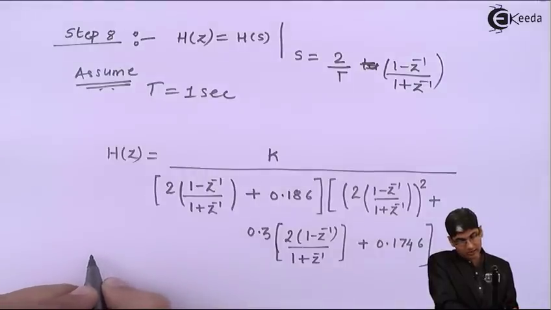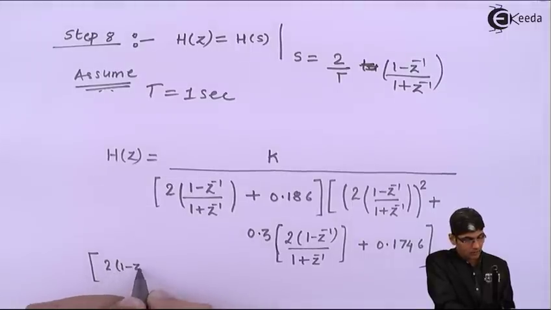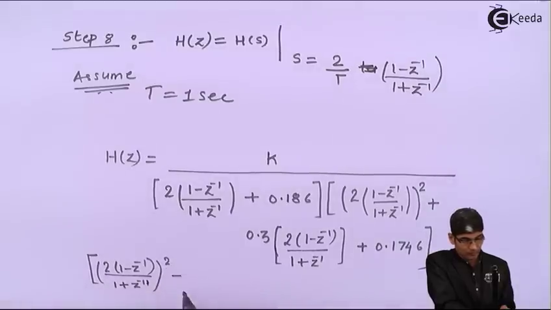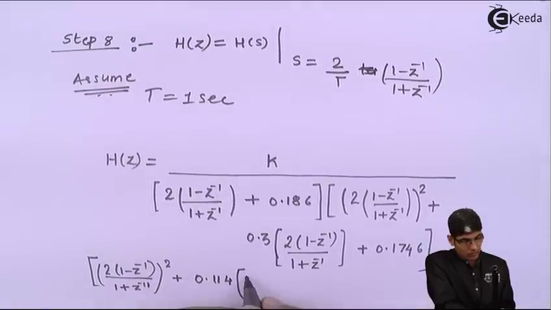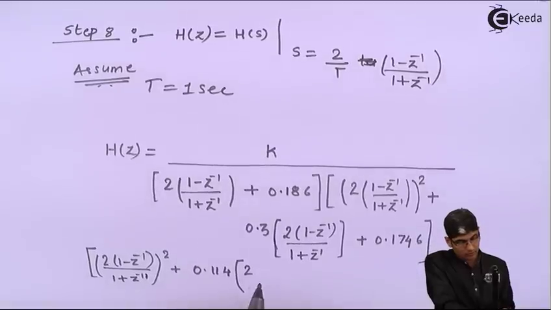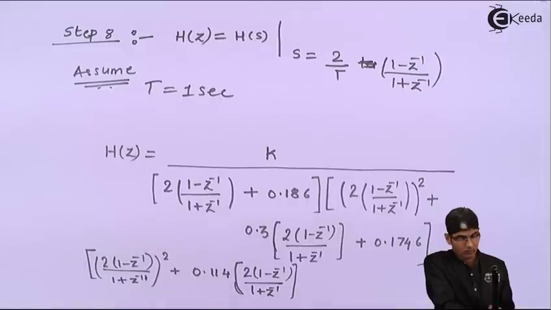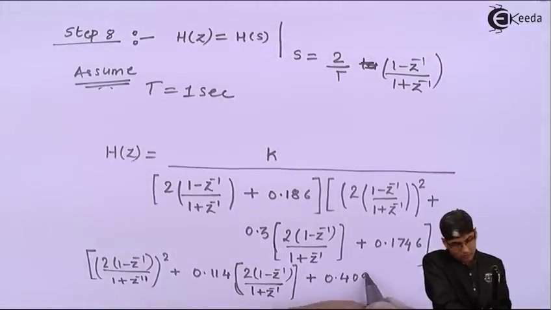Let us write the final third term. Again I have s square over there, so I'll write 2, 1 minus z inverse upon 1 plus z inverse, the whole square, plus, okay, I have 0.114 times of s, so that is 2 times of 1 minus z inverse upon 1 plus z inverse, plus 0.409.